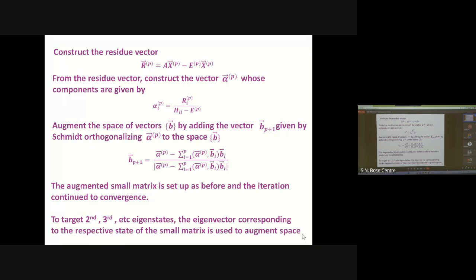I chose the lowest eigenvalue. When you chose the n in the previous one, how large would it be? The n by n matrix. So it's not your whole matrix, right? No, the n by n matrix is the whole matrix, the large Hamiltonian matrix corresponding to the full space.